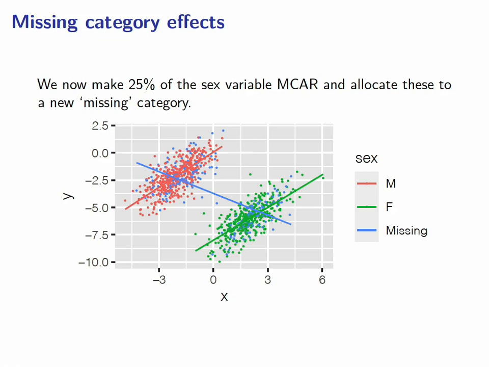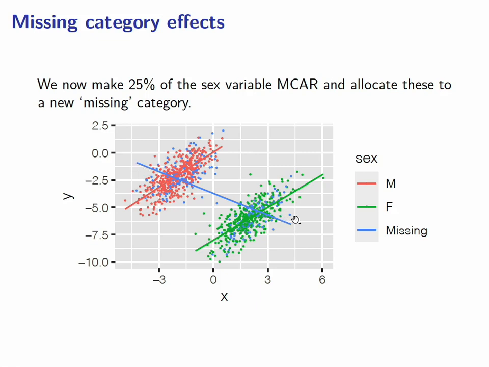Now, how would this translate into the actual coefficient estimates of a regression model for y? Well, if we fit a regression model for y with x as a covariate and the new sex variable as a covariate with this missing category, essentially what happens is the linear model estimates the relationship between y and x in the men when the male sex is observed, similarly among the women, and then similarly among the missing category.